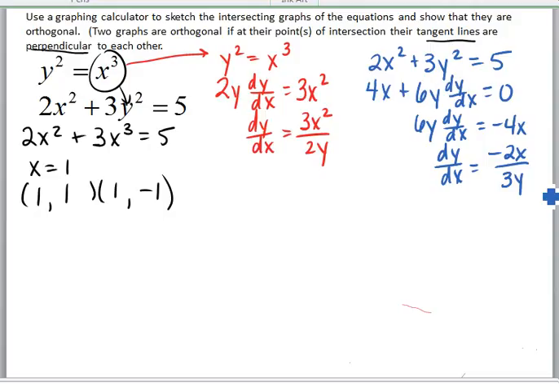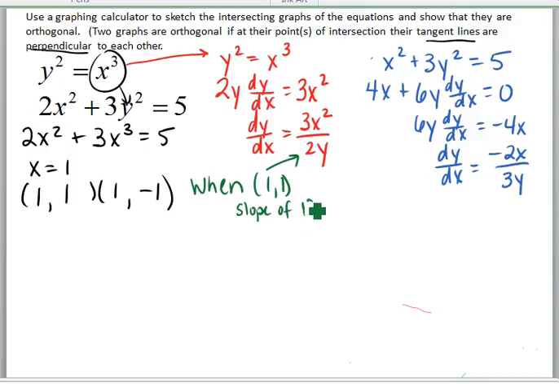Now, in order to figure out if their slopes are negative reciprocals of each other, we need to actually figure out what the slope is at (1, 1) for each of these. So at the point (1, 1), the slope of the first curve would be 3 times 1 squared over 2 times 1, or 3/2.